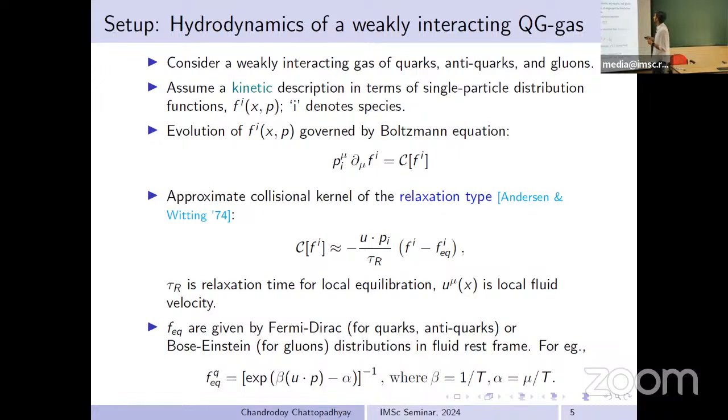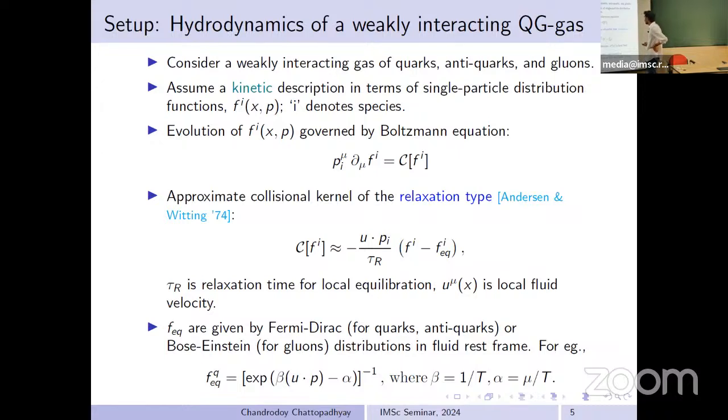We assume a kinetic description of this multi-component system in terms of a single particle distribution function, F, which gives the mean density of particles in phase space. The evolution of these distribution functions is governed by a Boltzmann equation, and I take a very simple collisional kernel, which specifies the effects of interactions between the constituents of the medium.